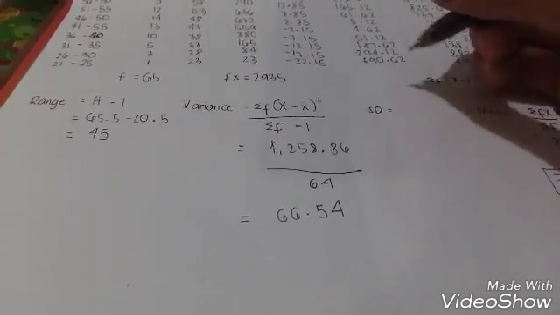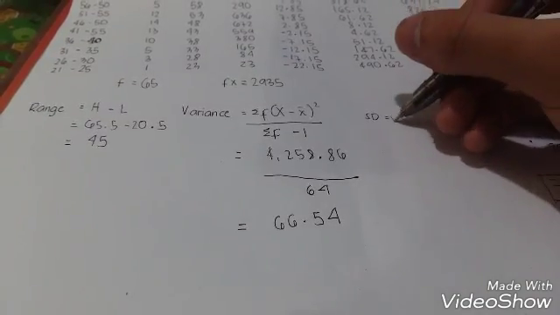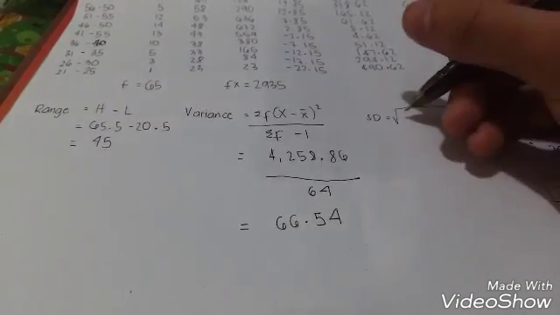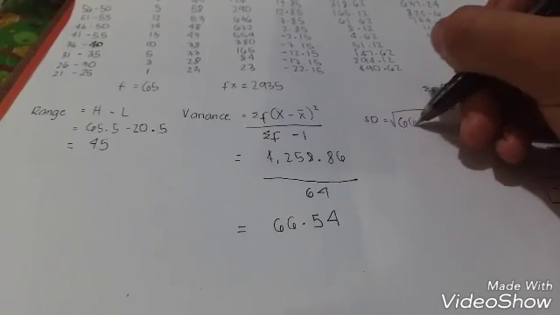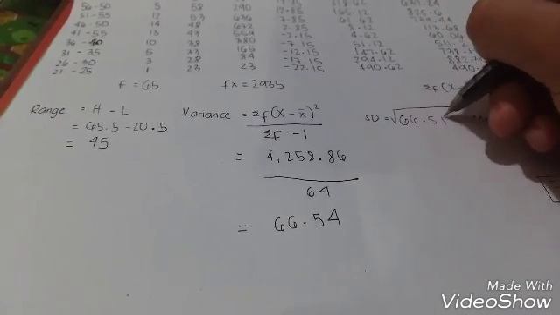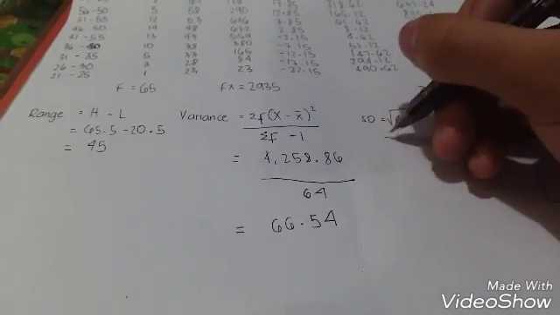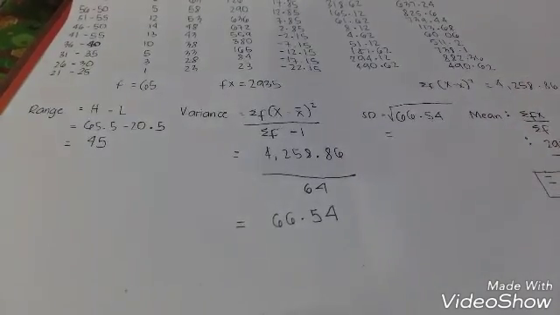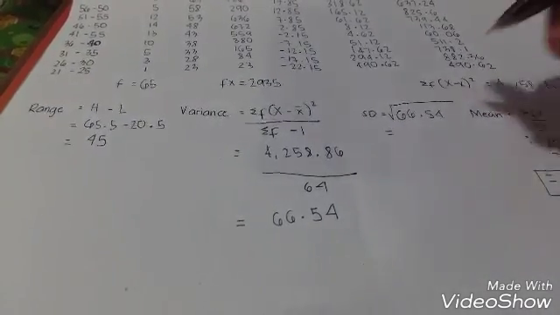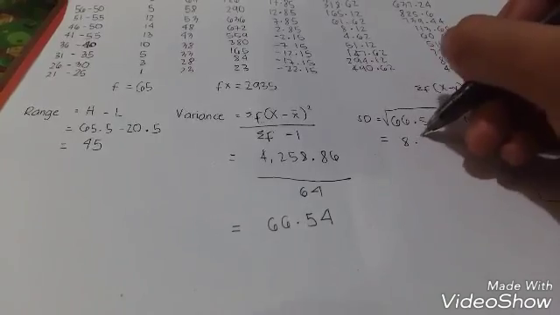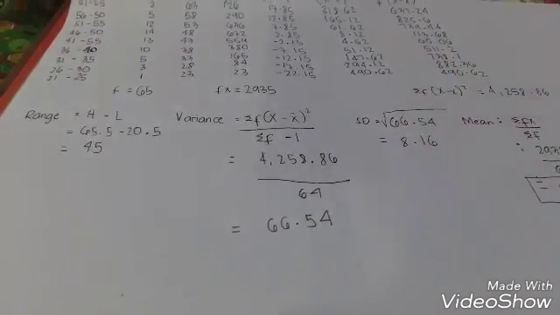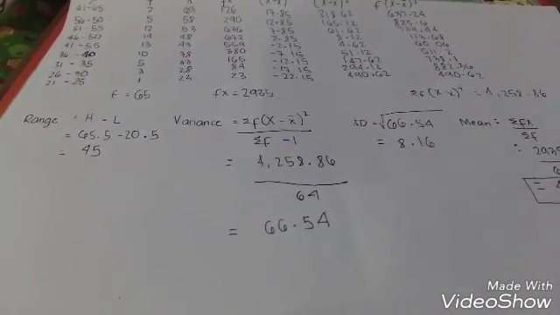And in getting the SD, you will just get the square root of the variance, which is 66.54. So the square root of 66.54 is 8.16. So that's all.